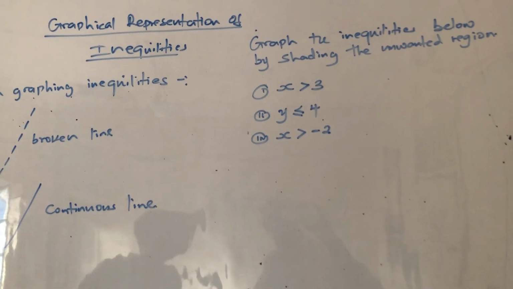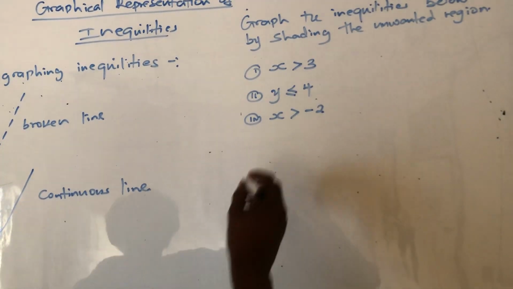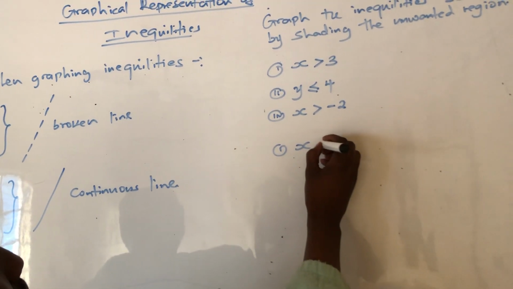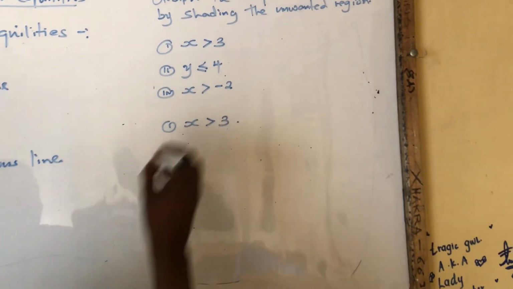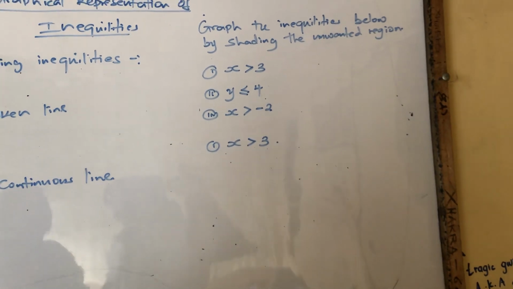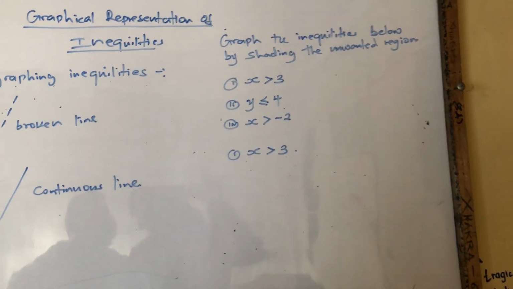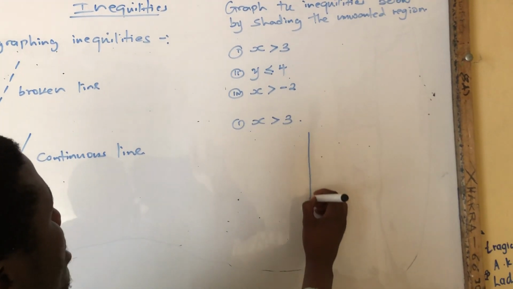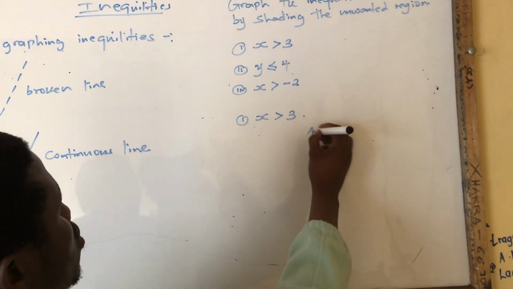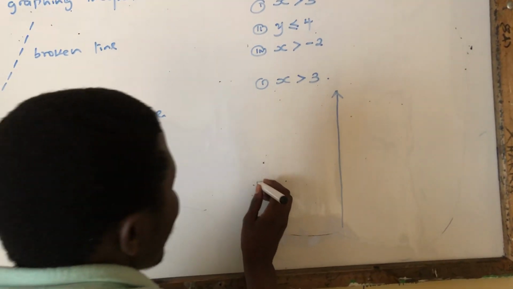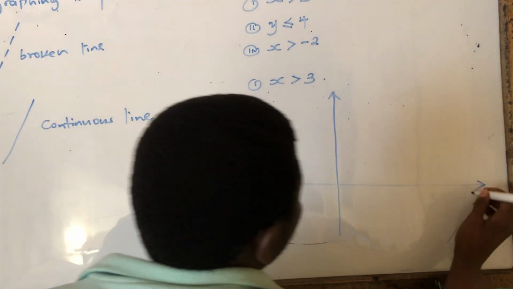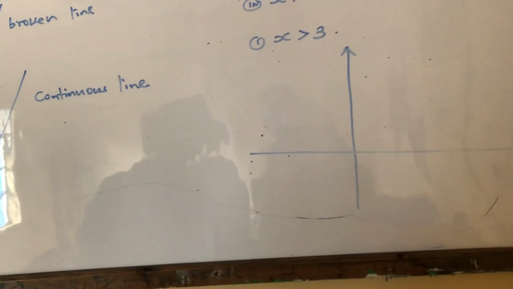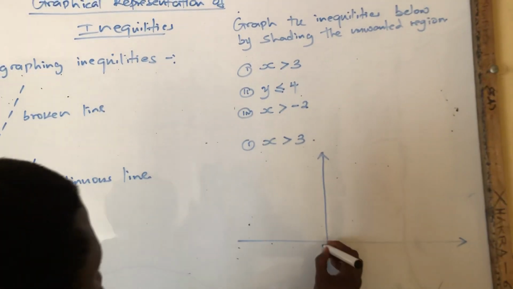Starting with the first one. We want to graph the inequality x is greater than 3. In order to graph this inequality, a student will be required to come up with the y-axis and the x-axis, what we call a Cartesian plane.